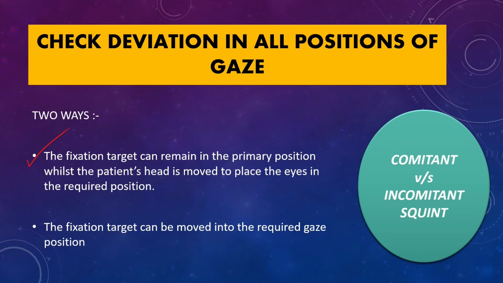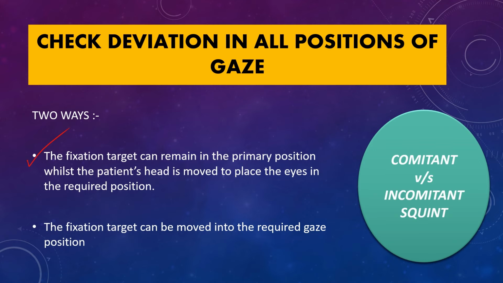However, if there is any disparity in the angle of deviation in different positions of gaze, it means that we are dealing with an incomitant squint. So if the angle of deviation is equal in all positions of gaze, we are dealing with a comitant squint. If the angle of deviation has a disparity in different positions of gaze, it means that we are dealing with an incomitant squint. So I hope that is clear.